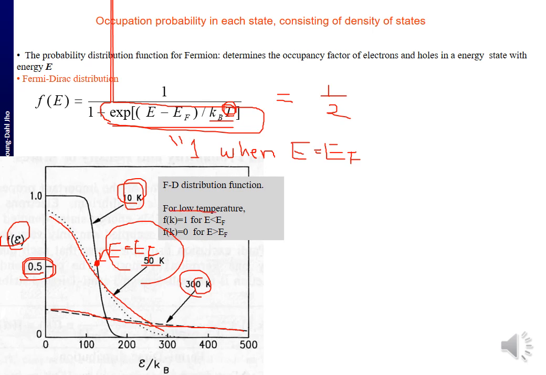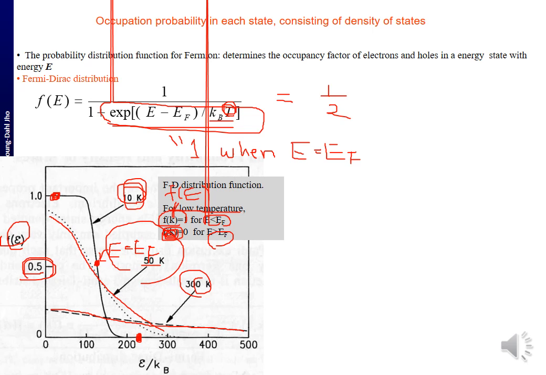We see that for low temperature, for example 10K, F, you can describe it based on the wave number, but let's just describe it based on energy. Energy and k are correlated with each other, so sometimes people use k-dependent description. Let's consider the energy dependent description here, F(E). We see that when the energy is smaller than EF, the probability becomes 1, and when energy is larger than EF, probability becomes 0.